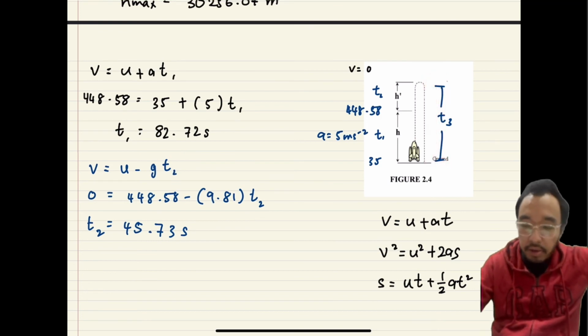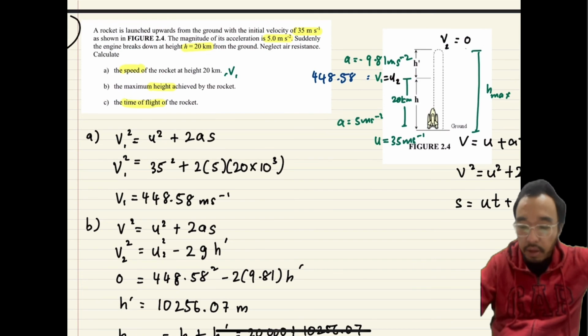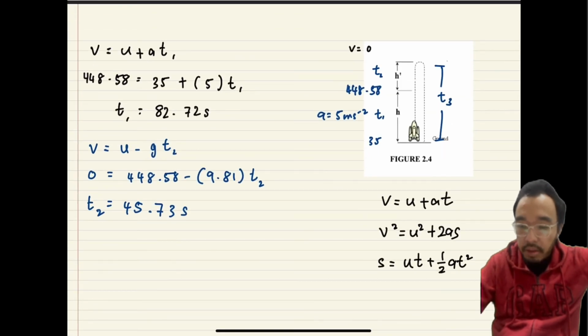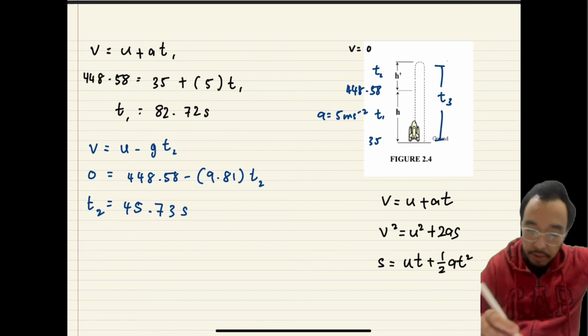Later on, maybe you can try it yourself: what if you put this one as your initial position and this one as your final position? But remember, for the final position you have to put the negative here. Since the height it travels over here is 20 kilometers, yes, 20 kilometers, you can put this one as negative 20 km. You can try it yourself later on.